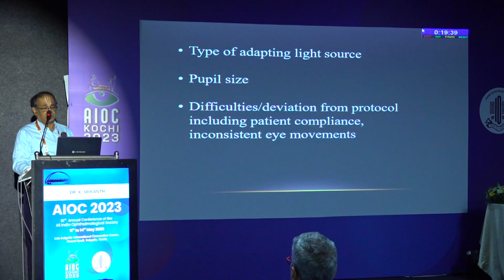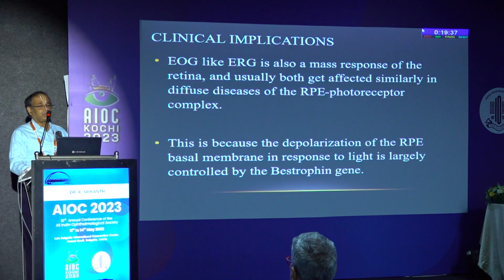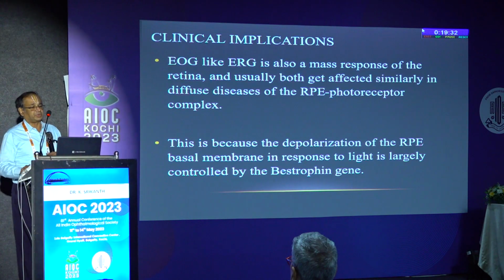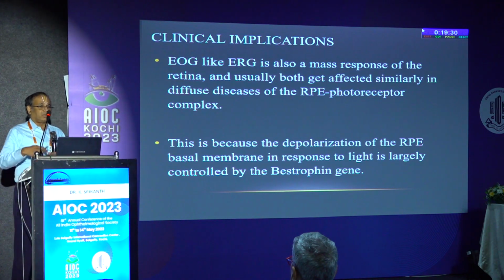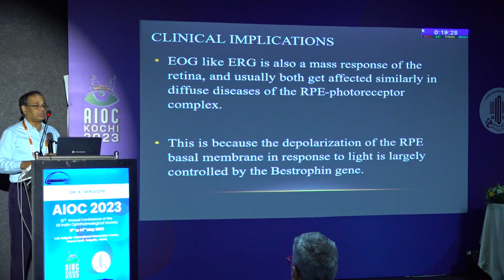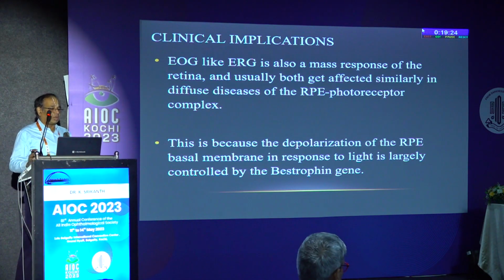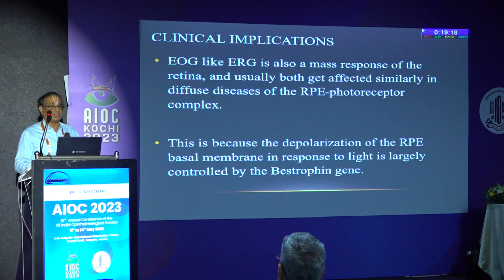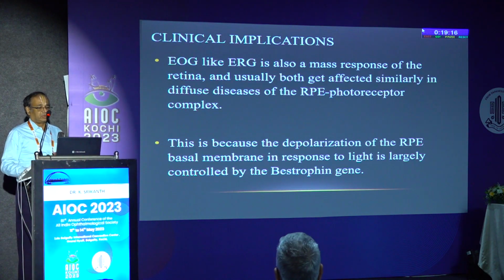Deviation from the standard protocol can result in variations of these recordings. Again, this is a mass response which you will get when the RPE photoreceptor complex is affected. So you cannot differentiate whether this is due to this or that.